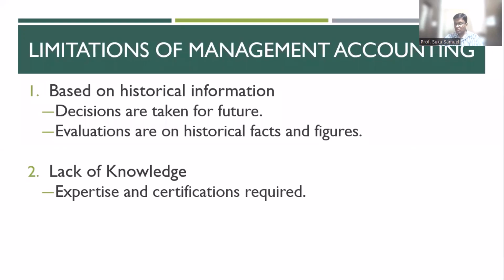That was something which was not anticipated at all. No one expected a lockdown to happen. This was totally unexpected. So you are using historical information to take decisions for the future. Another example is what happened this year, in 2020, in the month of February.